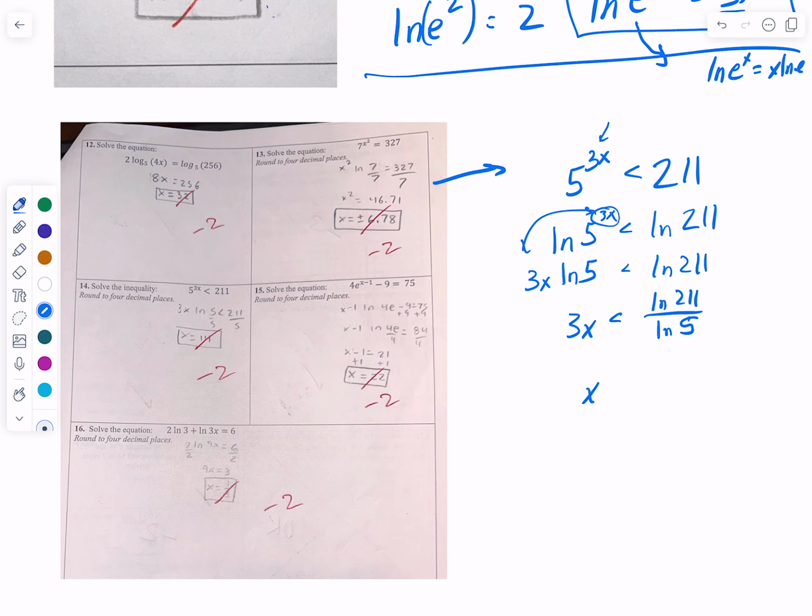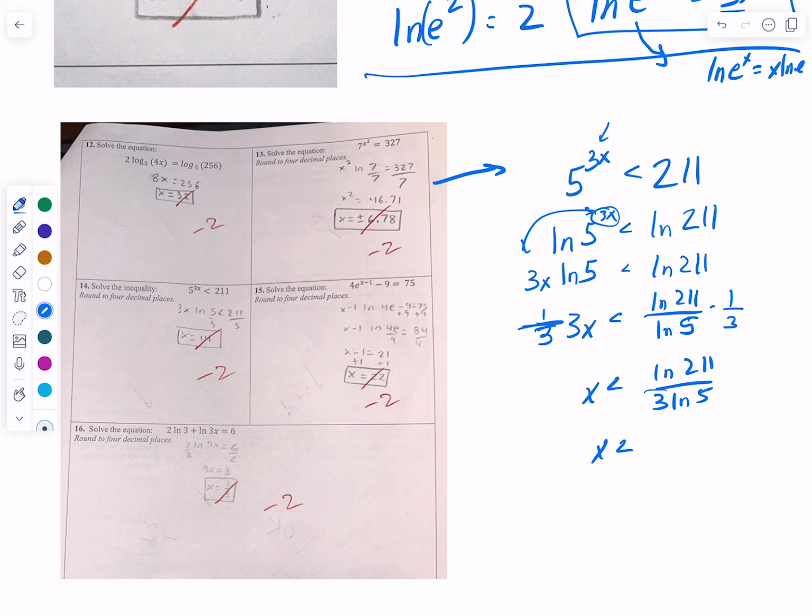So now we say, okay, well, 3x is less than log of 211 times log of 5, and now x is less than log of 211 over 3 log 5, because we're going to multiply both sides by a third, right? So x is less than, let's see, let's type this in. Hopefully, this is where I sometimes falter.